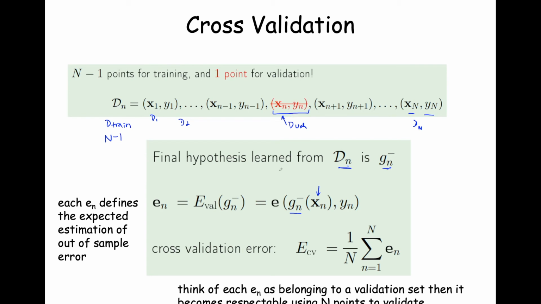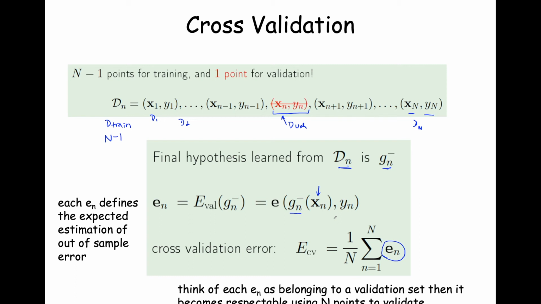And that's our so-called cross-validation error, E_CV. So E_CV is just the average, 1 upon N, of the sum over all of these different point-wise simple validation errors. That's our average validation error, which we call our cross-validation error.